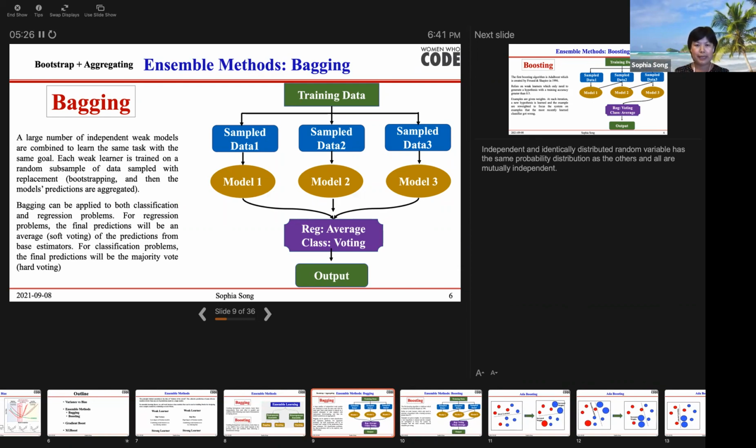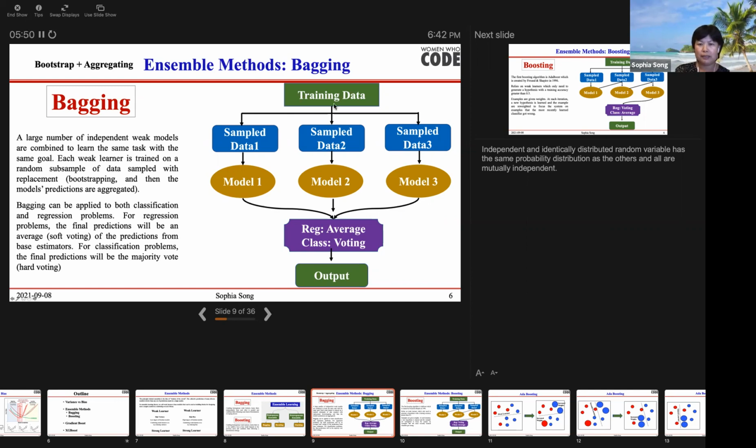For this data set, we do random sampling, and when we do the random sampling we usually use bootstrap aggregation, we call it. That's why it's bagging. The full name of bagging is bootstrap aggregation.